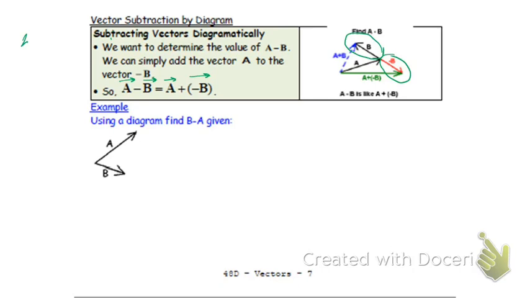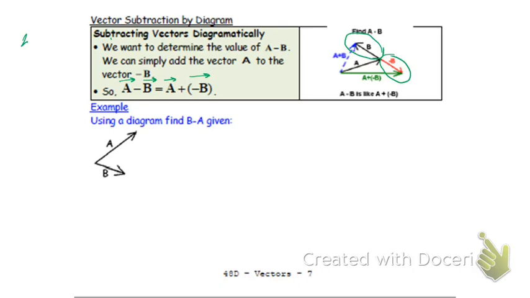So if that's vector A, that's minus A. If that's vector C, that's minus C. If that's vector D, that's minus vector D. Same size, opposite direction.